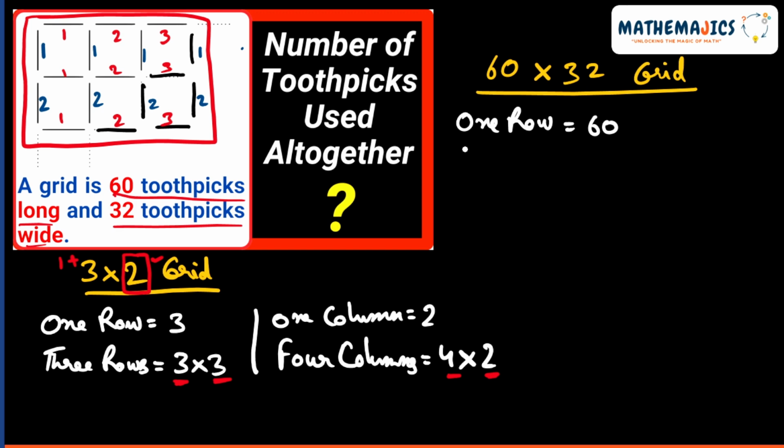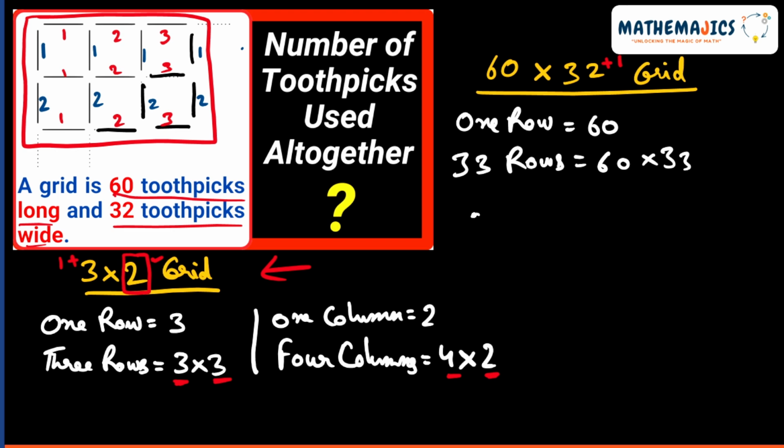And how many such rows will we be having? We will be having 33 such rows, 32 plus 1. You remember this thing? The way we have done here, we will be doing the same thing here. So the number of such rows will be 33. That means 60 times 33.